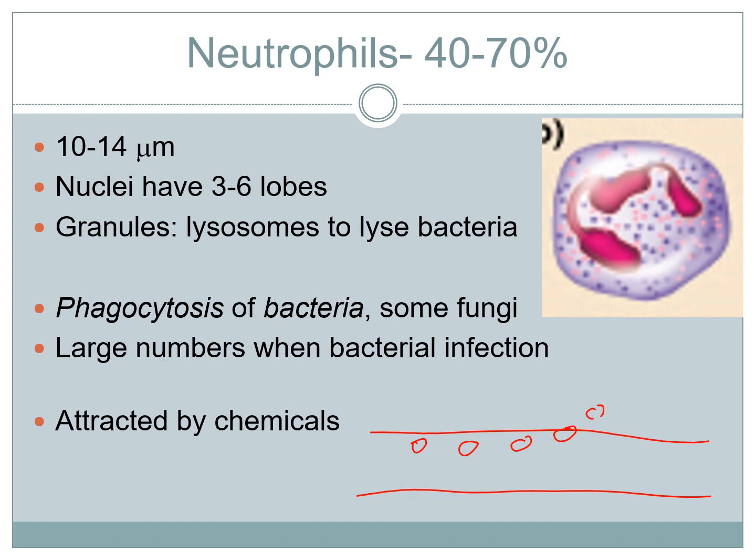Now, what that means is that it's drawn to an area of infection by the chemicals, the toxins that are released by it, or other stimulus. It has the ability to move through the cellular structure along these special chemical trails. Once it gets to the area, it's able to go through its phagocytosis. So remember, neutrophils are associated with bacteria.